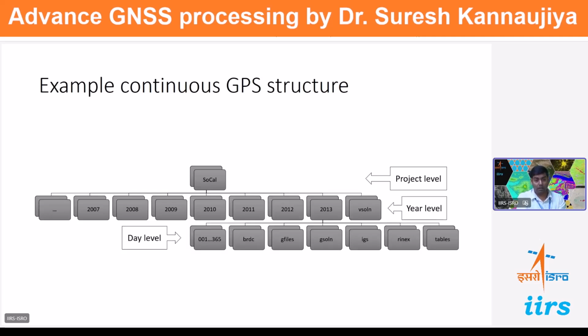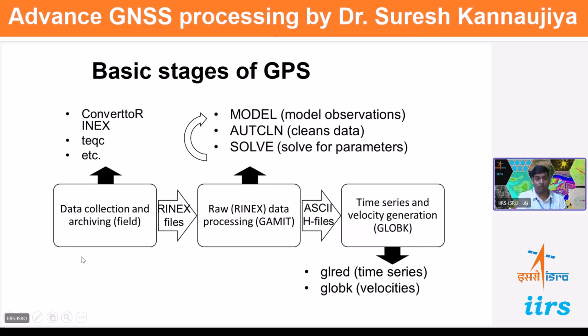Here we keep the data and the orbit file, navigation file, and table information. We need to update the table for our ground station, for IGS stations. Once we complete all these things, we go for the processing.